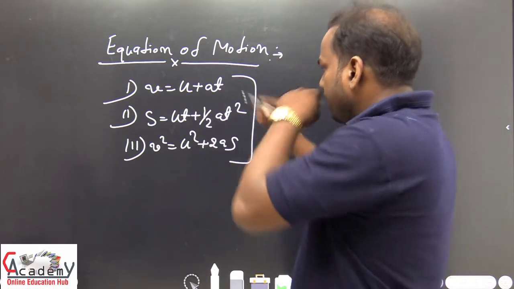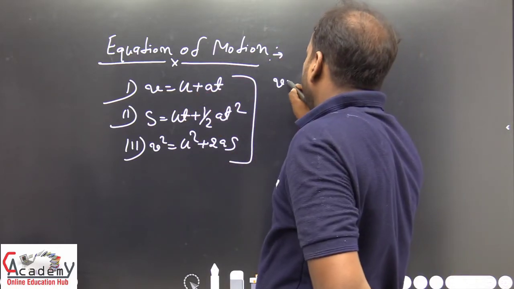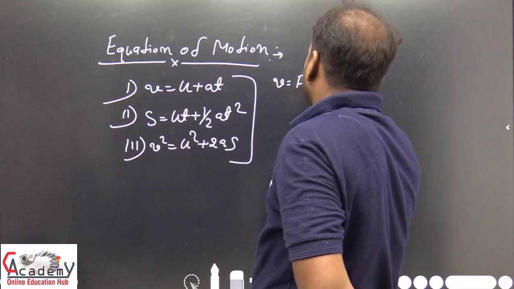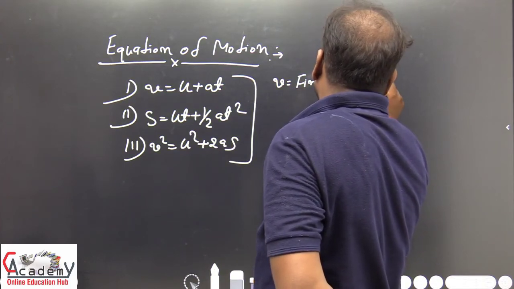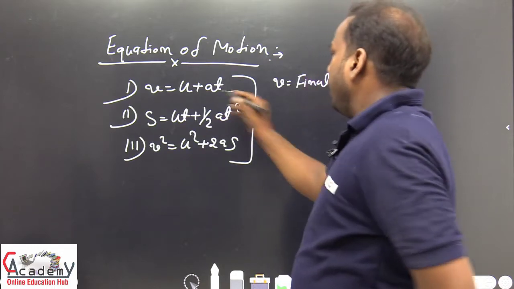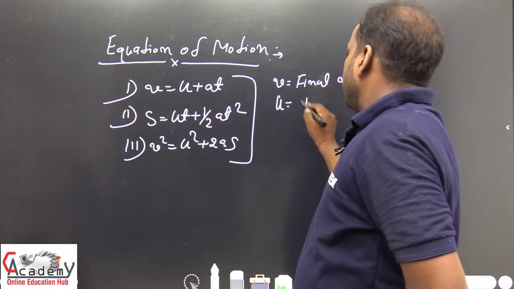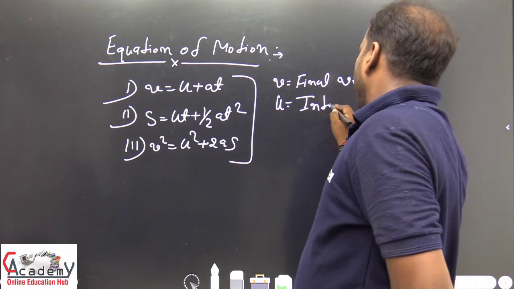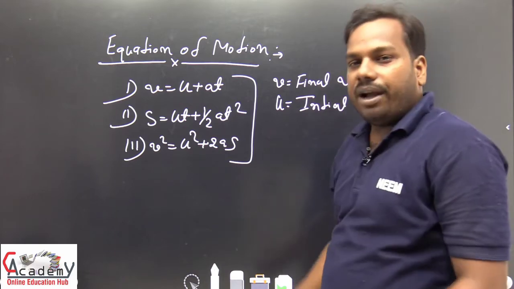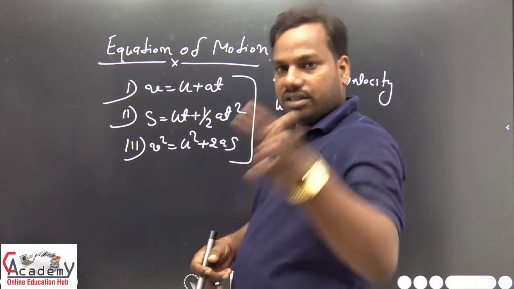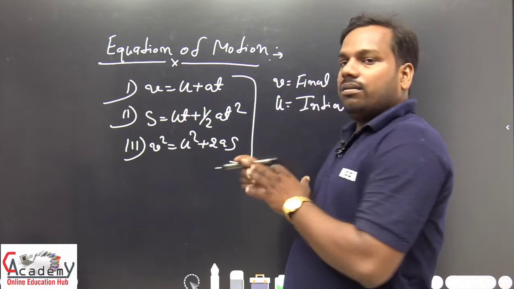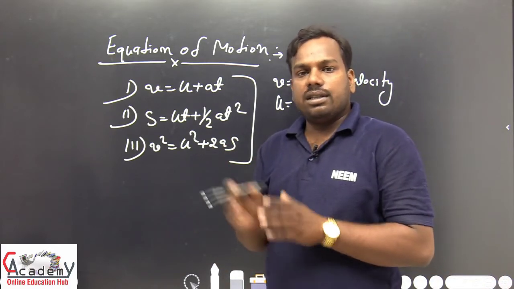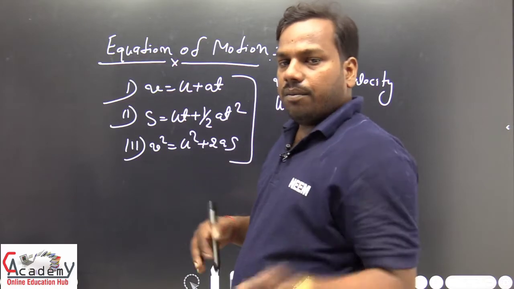Firstly, what is V? V is the final velocity, and U is the initial velocity. We already discussed what final velocity and initial velocity are in the previous lecture. If you do not understand them, then see the previous video.